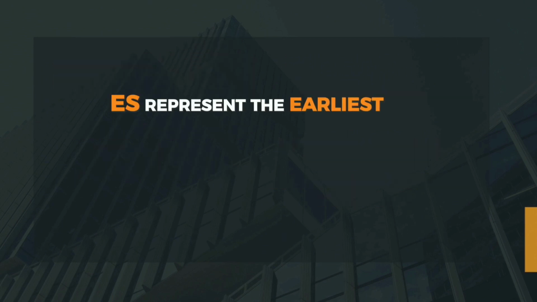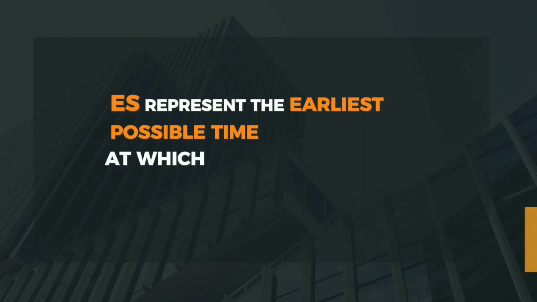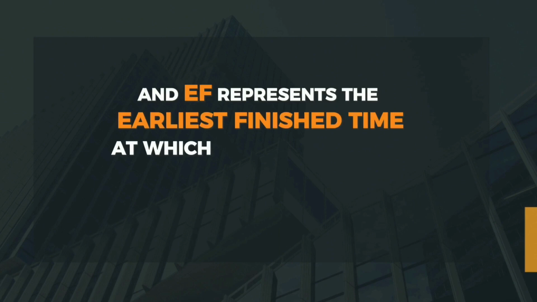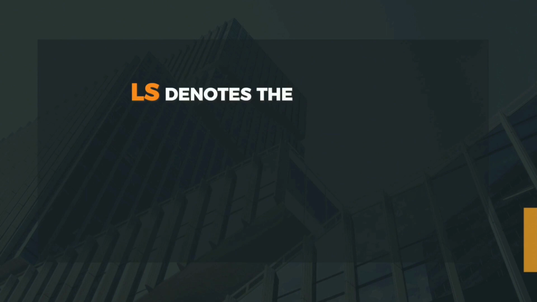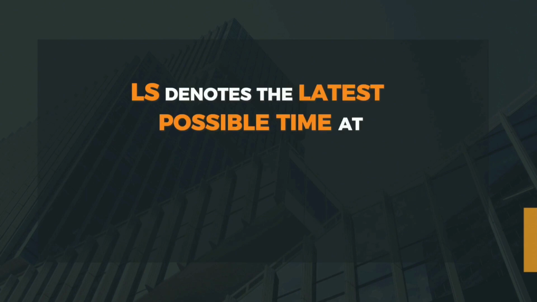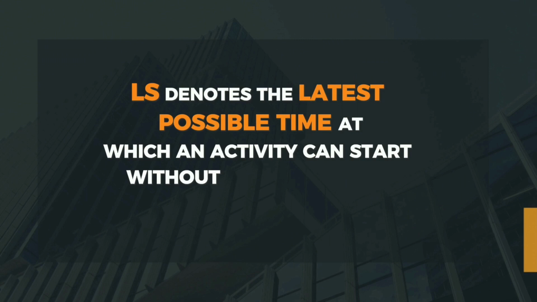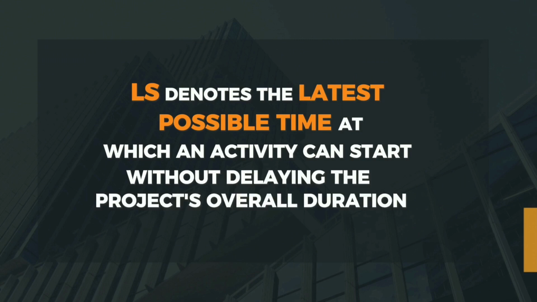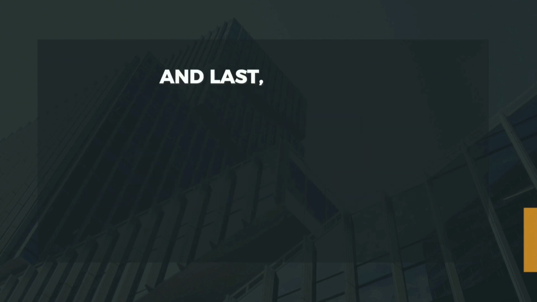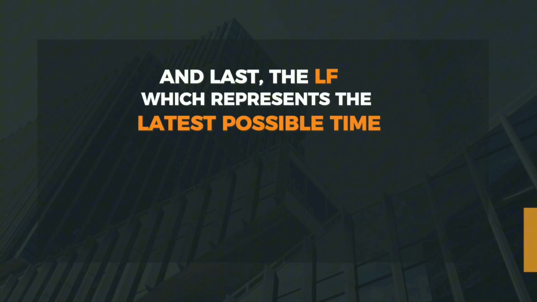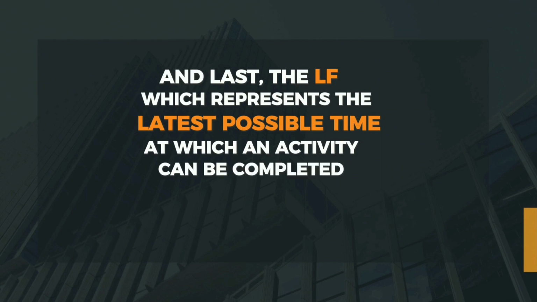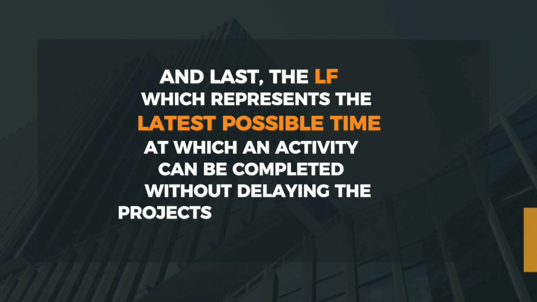ES represents the earliest possible time at which an activity can start, and EF represents the earliest finish time in which an activity can be completed, while LS denotes the latest possible time in which an activity can start without delaying the project's overall duration. And last, the LF, which represents the latest possible time at which an activity can be completed without delaying the project's overall duration.